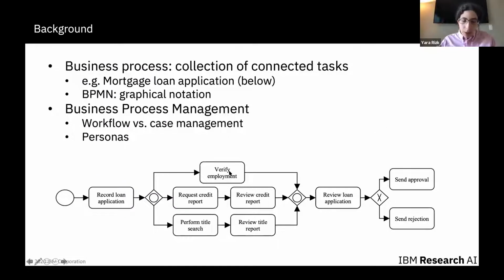And so a quick background, although I think almost everyone here is pretty familiar with these terms: business processes are, for now, let's just call them a collection of connected tasks. One example of that would be this mortgage loan application, where different tasks need to be executed in a certain sequence to achieve the end goal of approving or rejecting a certain loan. And in this case, we're using the BPMN graphical notation to represent this.